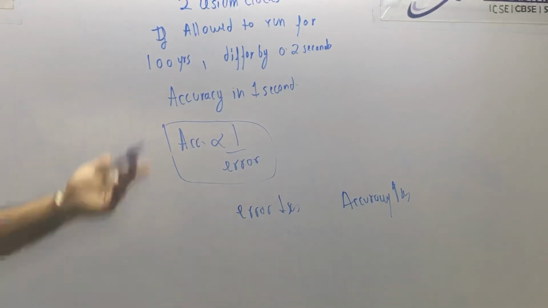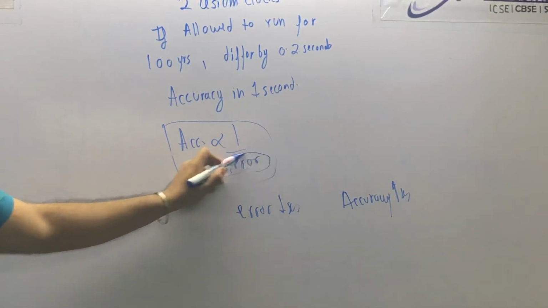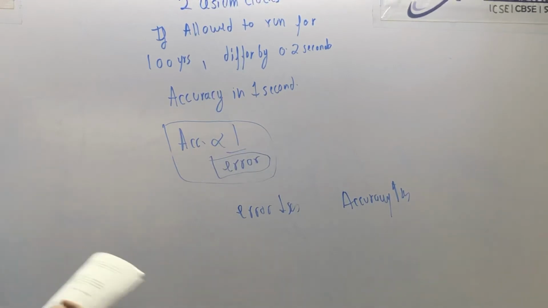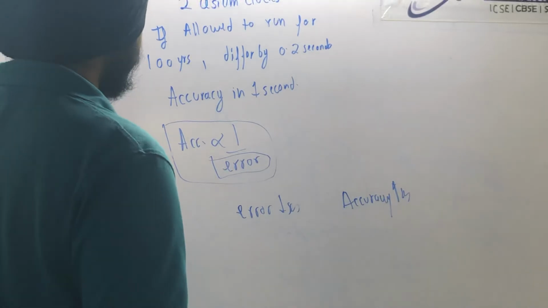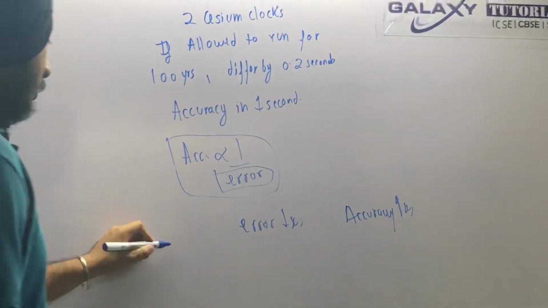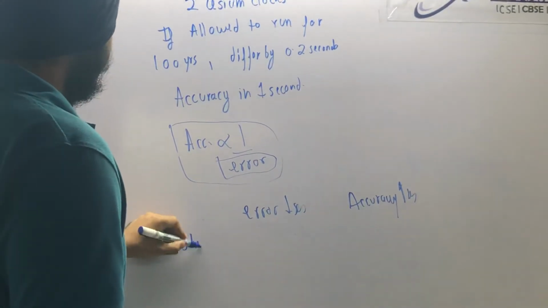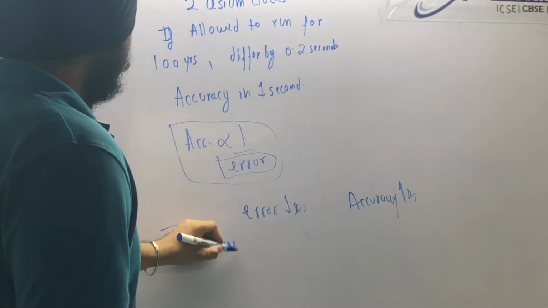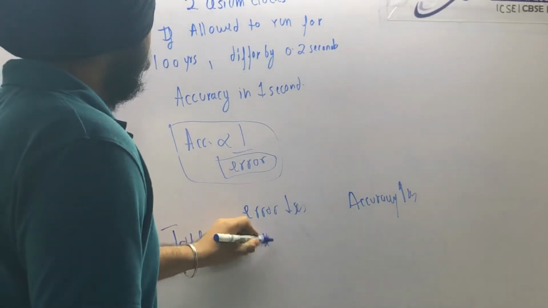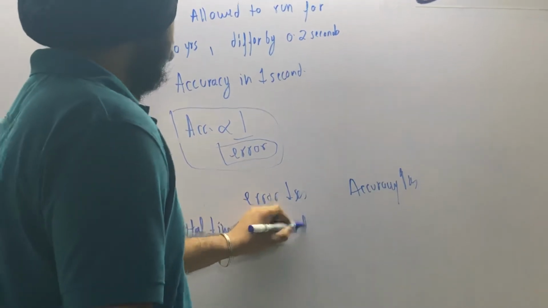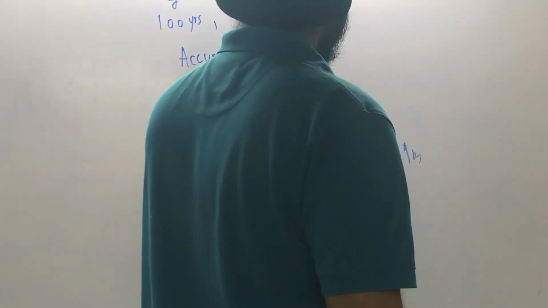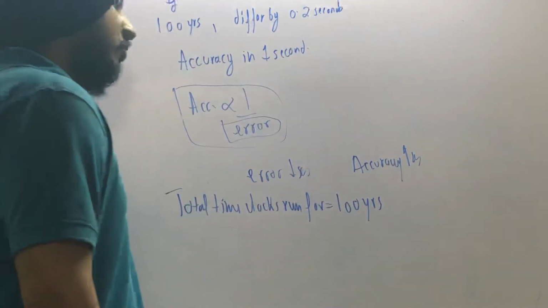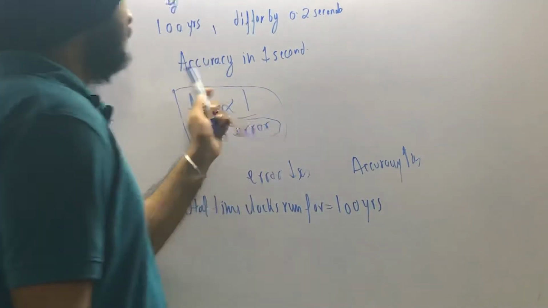So we have to use this relationship. To find the accuracy, first we will find the error in 1 second. The clocks have been allowed to run for 100 years, so the total time the clocks run for is 100 years. Now convert this into seconds, because they have asked in 1 second.